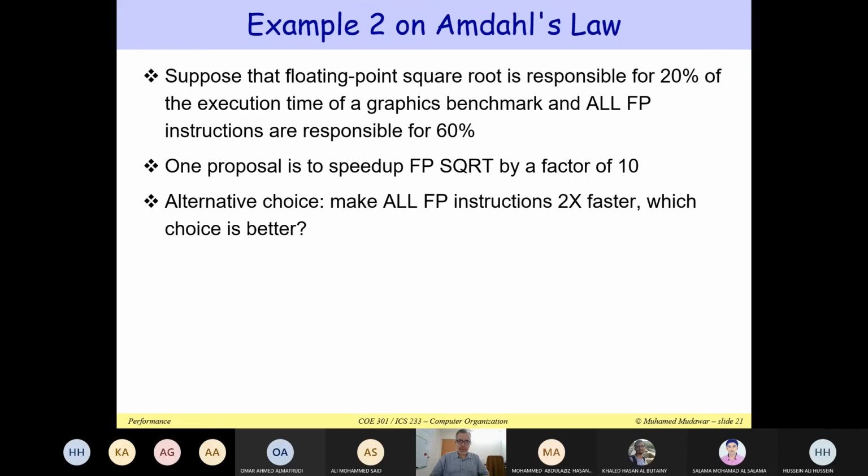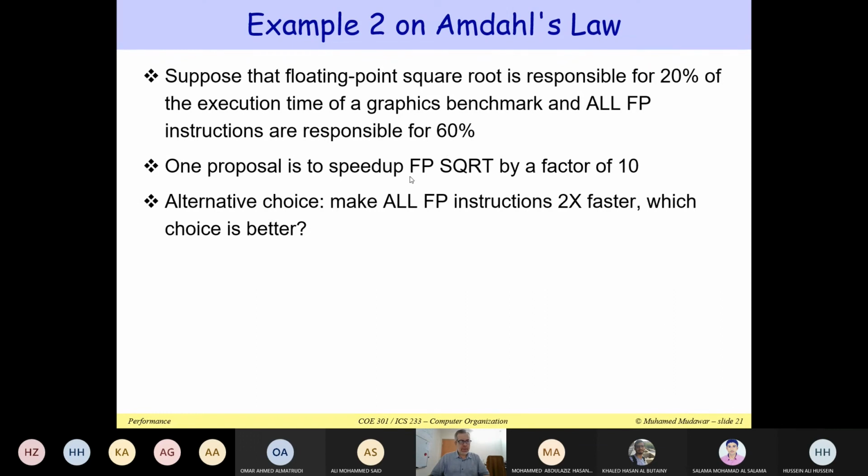I have a second example on Amdahl's law. It says: suppose that floating point square root is responsible for 20% of the execution time of a graphics benchmark, and all the floating point instructions are responsible for 60%.